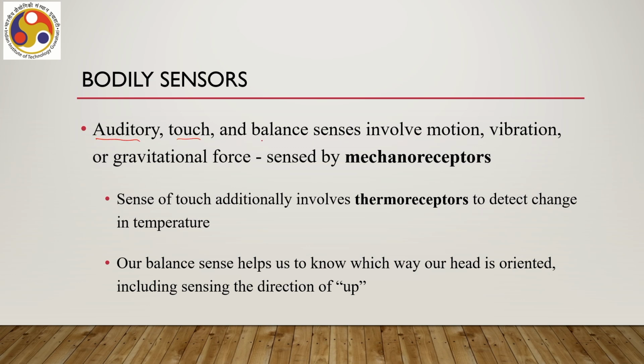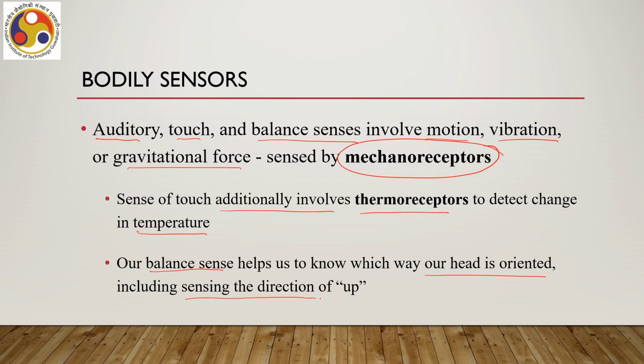Auditory, touch and balance senses involve motion, vibration or gravitational force sensed by mechanoreceptors. The sense of touch additionally involves thermoreceptors to detect changes in temperature. Our balance sense helps us to know which way our head is oriented, including sensing the direction of up.